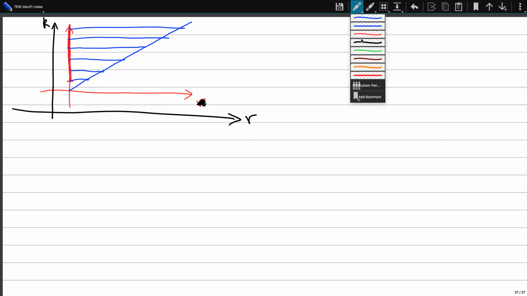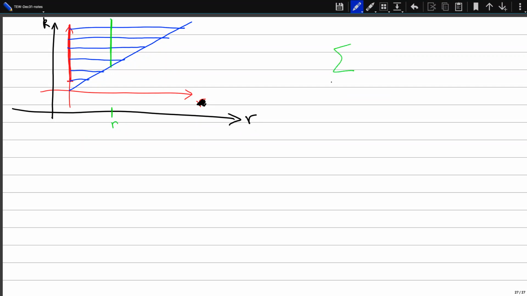Now, if I change the order of summation, I first want to sum over k, and then sum over r. So I'll fix a value of r, and then see what possible values k can take. r can take any value from 1 to infinity.